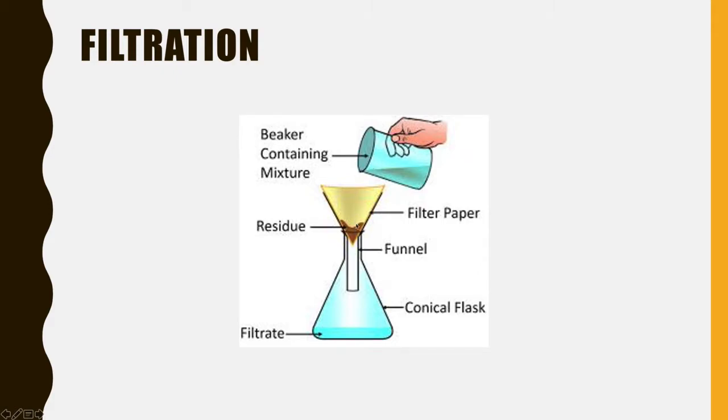Through the filter paper, the water will come into the conical flask and that is named the filtrate. And the sand particles will remain on the filter paper and are considered the residue. This is a very simple method by which we can separate a liquid and solid mixture.